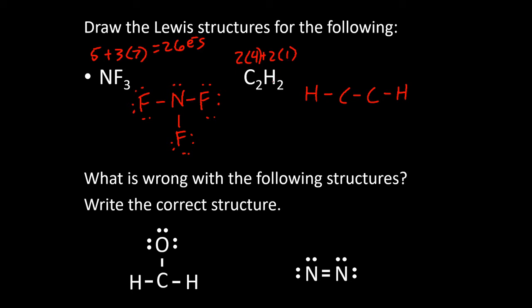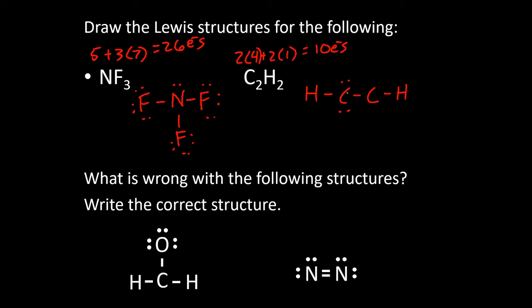That gives us 10 electrons total. And so if we look here, we already have 6 in the single bonds. So we'll just pick a carbon and put some in. 6, 8, 10.